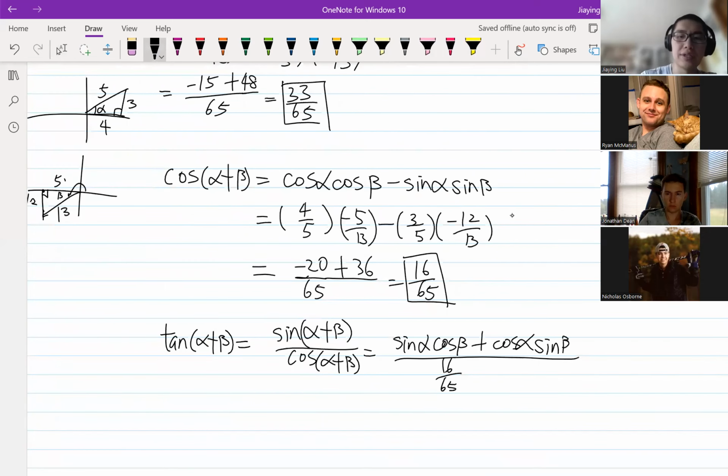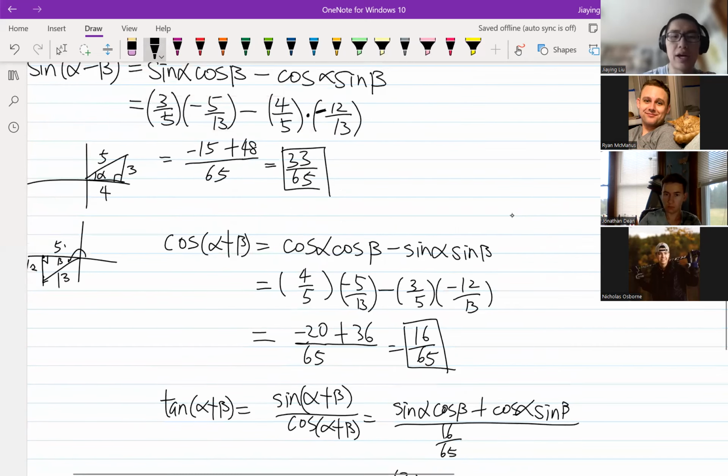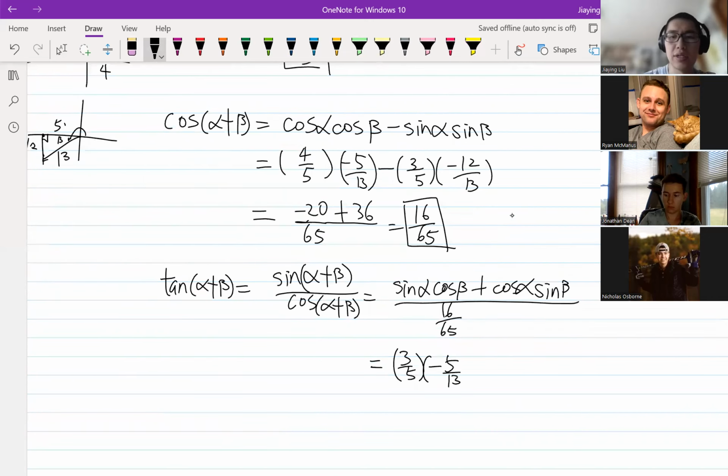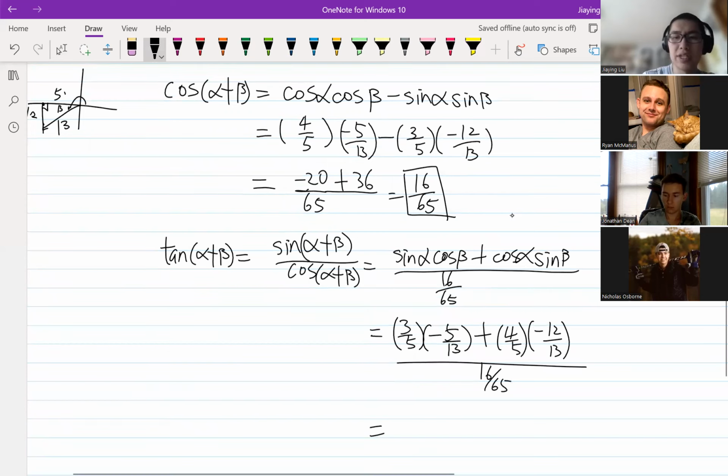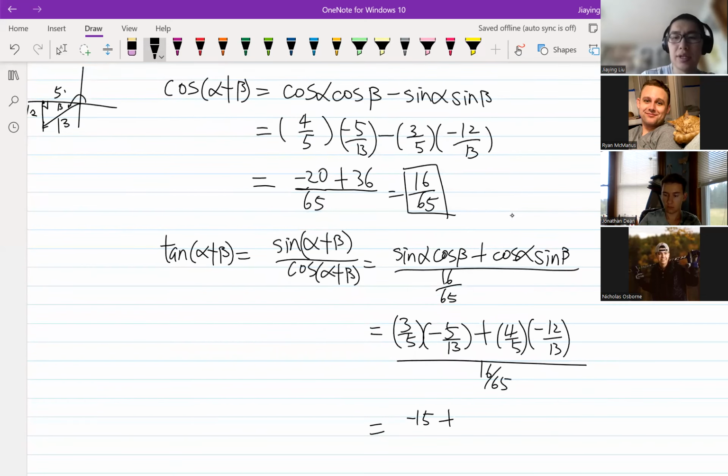That's sine alpha 3 over 5 times cosine beta negative 5 over 13, plus cosine alpha 4 over 5 times sine beta negative 12 over 13, all divided by 16 over 65. If we simplify the numerator, that's negative 15 plus negative 48, so minus 48, over 65, divided by 16 over 65.